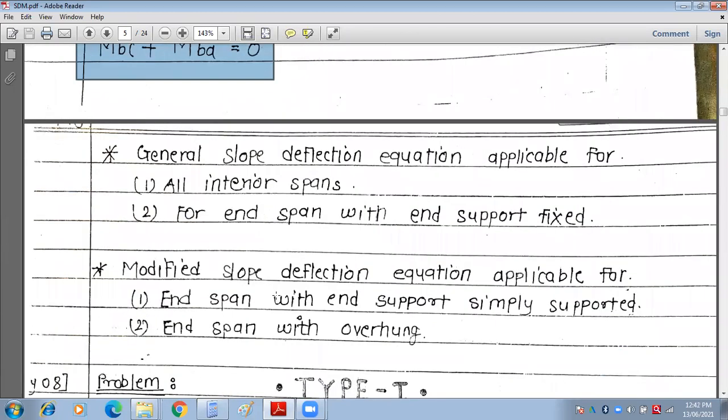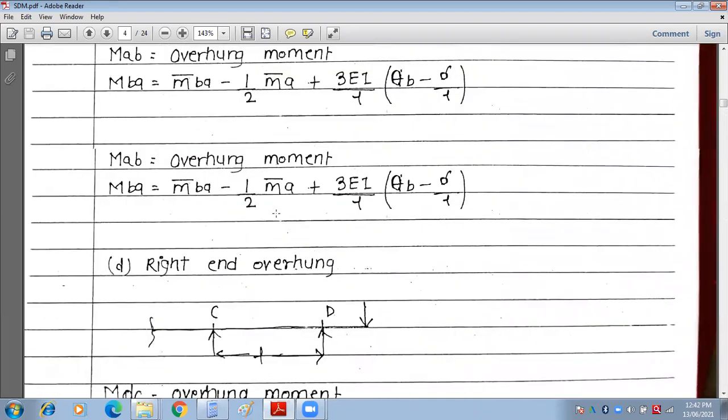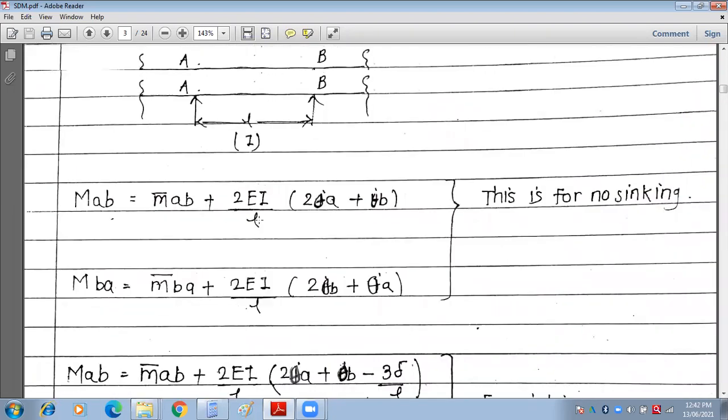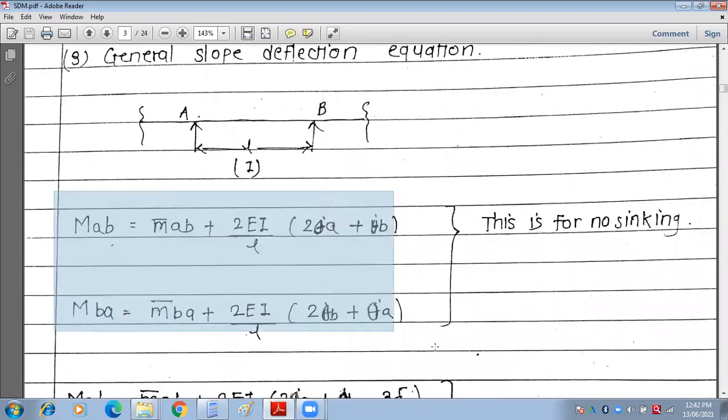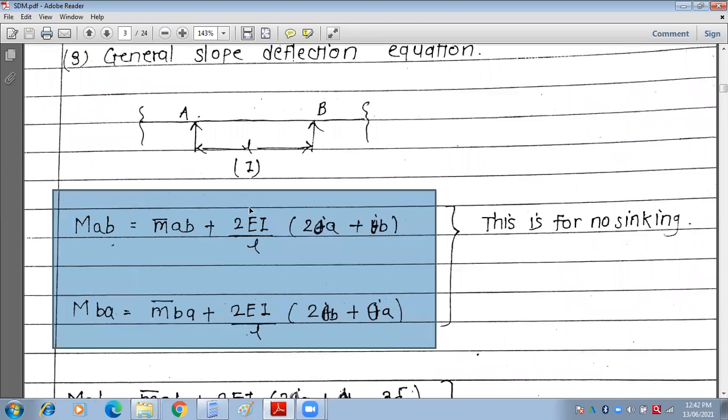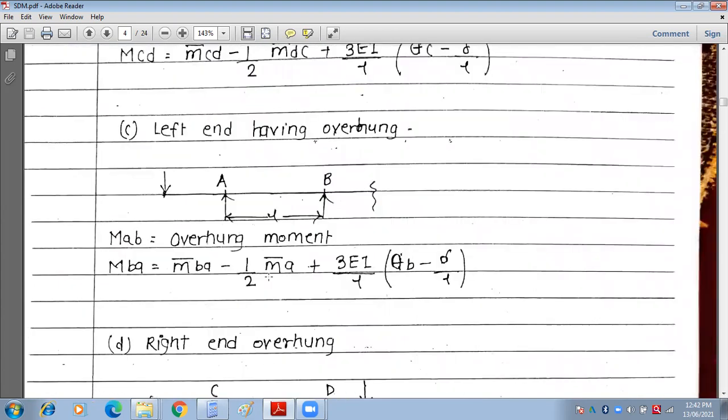Now there are some important terms that we have to remember. The general slope deflection equation is applicable for all intermediate spans. For the end span with end support fixed, the general formula is used. General formula means this formula. This formula is applicable when the far end is fixed, or an intermediate span is there.